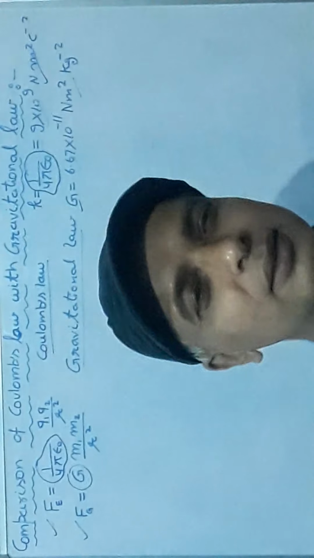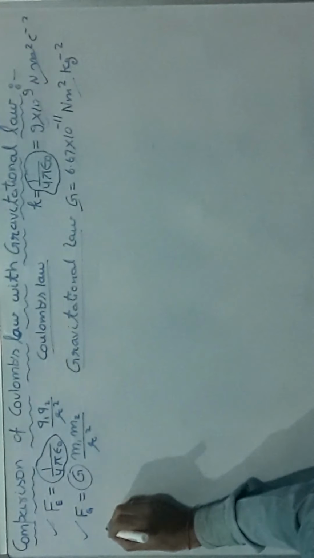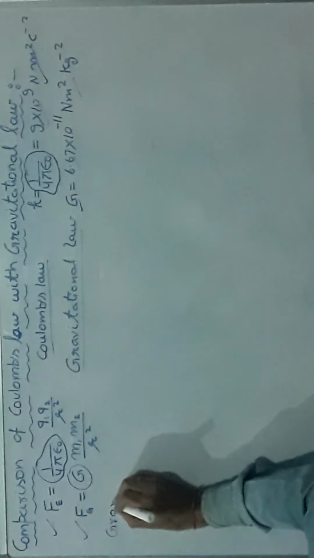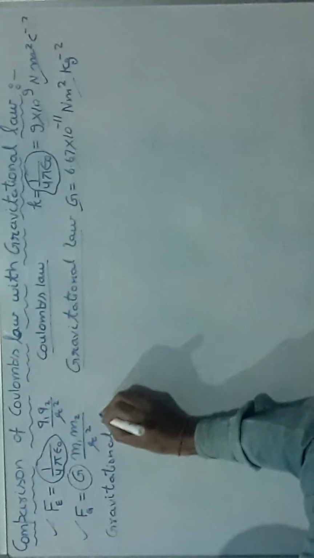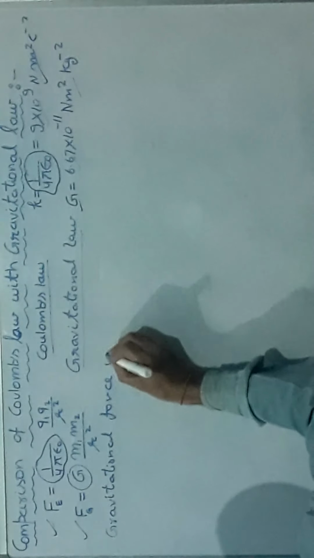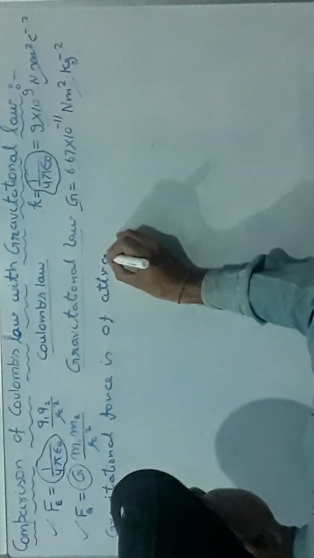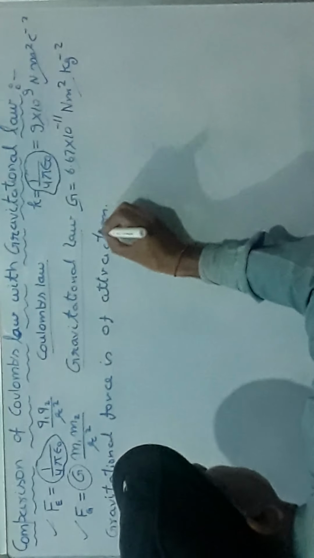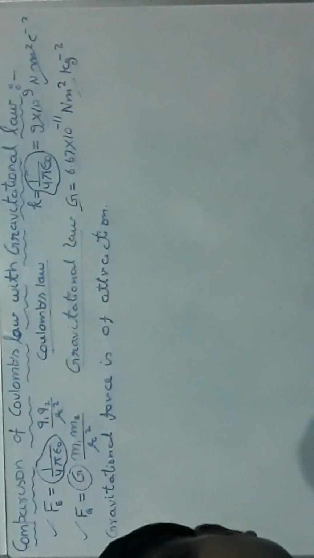Now, we are going to compare these two forces. Let's see. First comparison. Actually, the gravitational force is of attraction only. In gravitation force, the two bodies attract each other, so that is the force of attraction only.